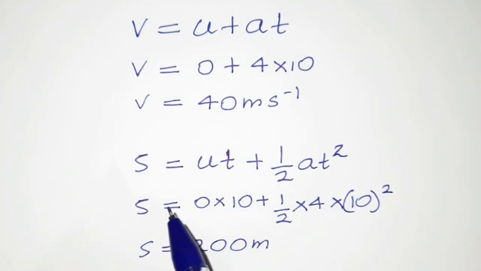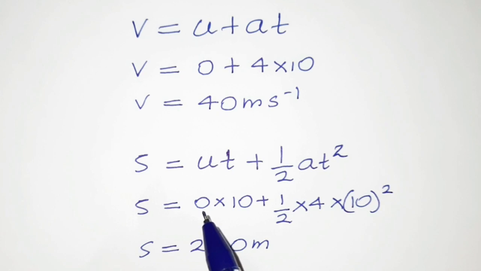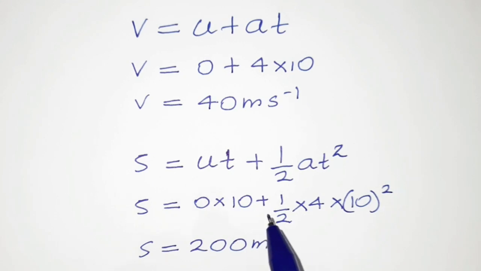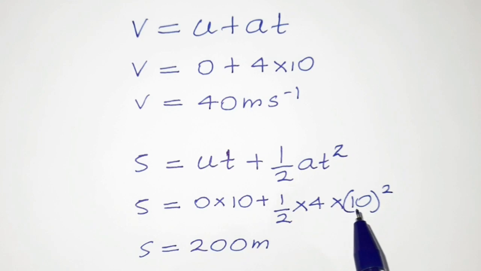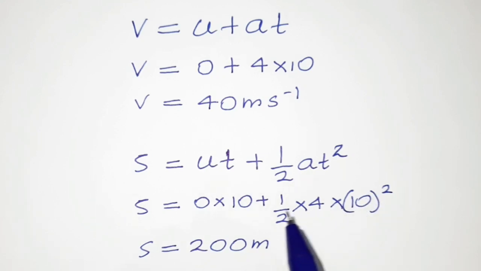So the displacement is equal to 0, as the initial velocity is 0 because it is at rest, times 10, plus half times 4 times 10 squared, which simplifies down to 200 meters. So the displacement is 200 meters in this particular direction.